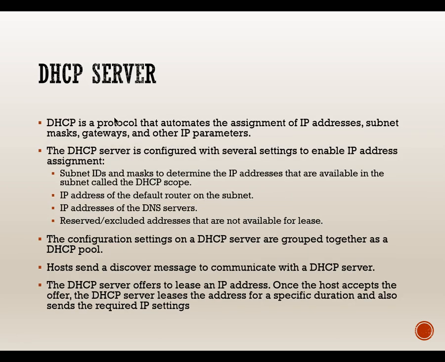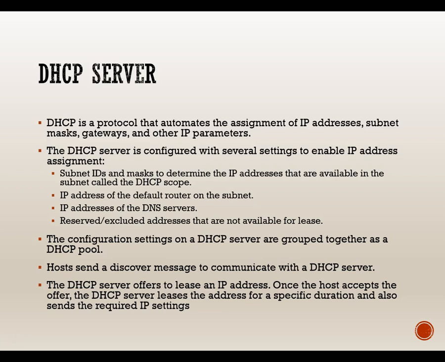The DHCP server protocol automates the assignment of IP addresses, subnet masks, gateways, other parameters. It is configured with several settings to enable the IP address assignments: subnet IDs, masks to determine the IP address, IP addresses of the default router on the subnet, IP addresses of the DNS server, reserved or excluded addresses that are not available for release.